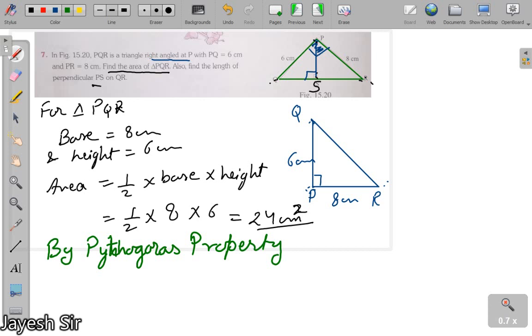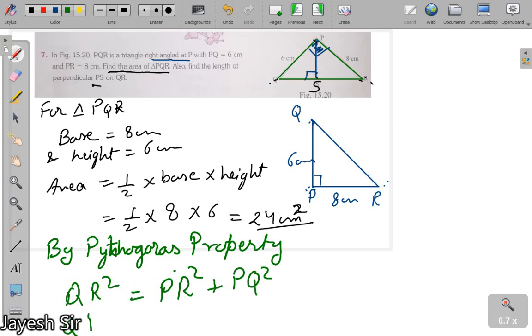That the square of the hypotenuse is equals to the sum of squares of the other two sides. Hypotenuse is QR, so QR square is equals to PR square plus PQ square.